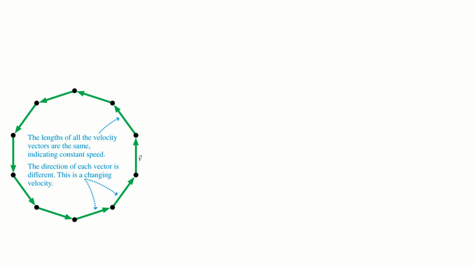So just looking at this visual representation and doing what we did before, we can calculate, or think about, what the acceleration of that object is as it goes in a circle. Basically, we could take two sequential velocity vectors, say this one and this one, and do the vector addition using those arrows.